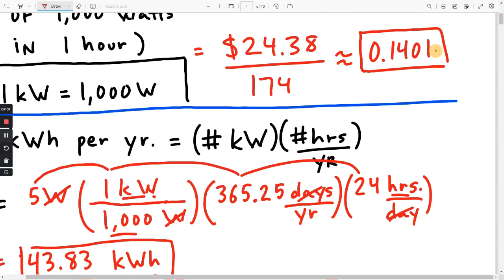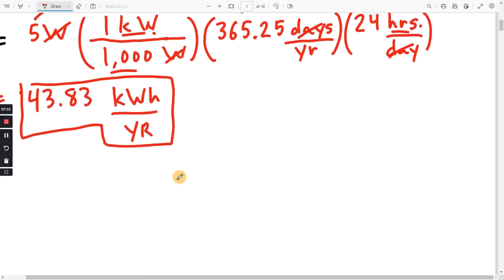Now we said the price was 0.14, and the units on this was dollars per kilowatt hour. And we have the number of kilowatt hours per year for a 5-watt bulb.